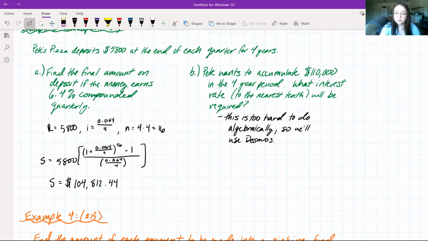So what interest rate to the nearest tenth is going to be required? So in our last section, we talked about finding these values algebraically versus with graphing. And we can see that if you try to solve this algebraically, it's going to be just too hard to do. So we're just going to do Desmos in order to find this value.